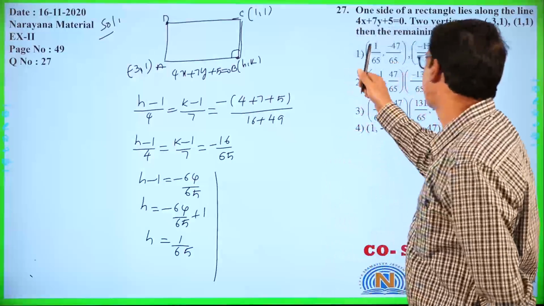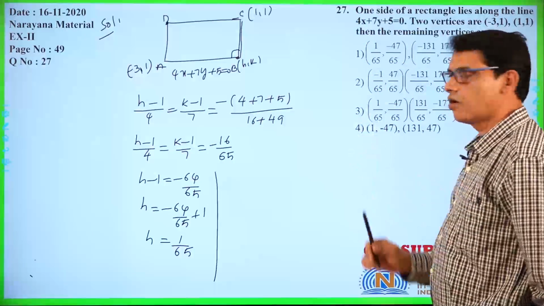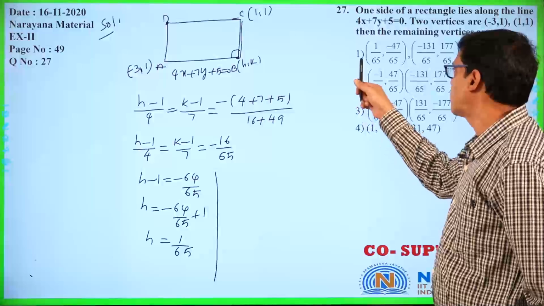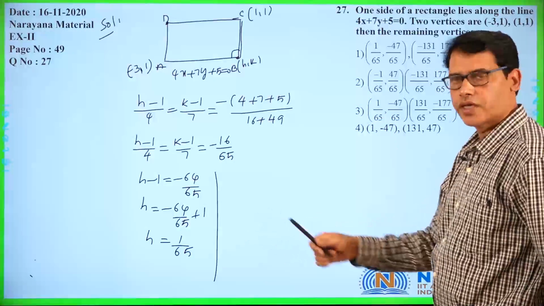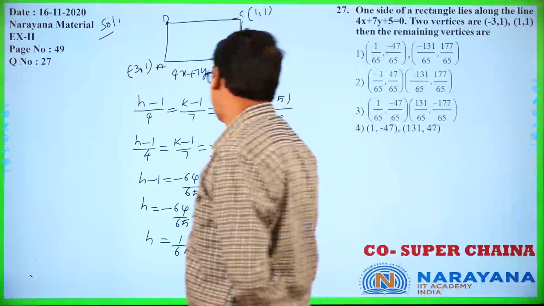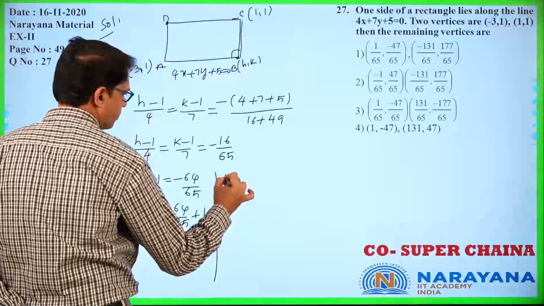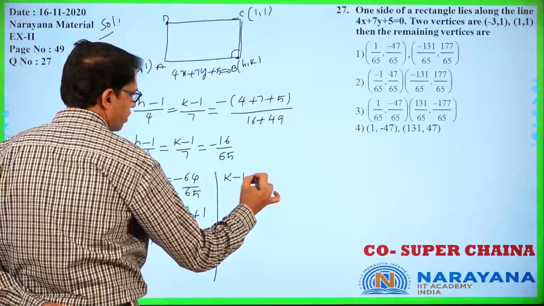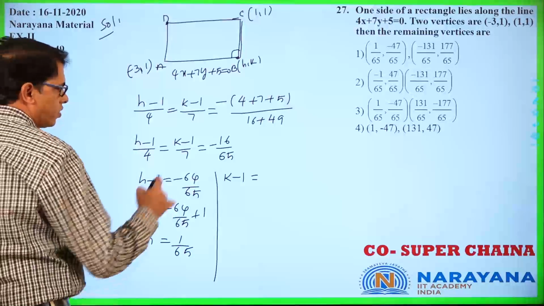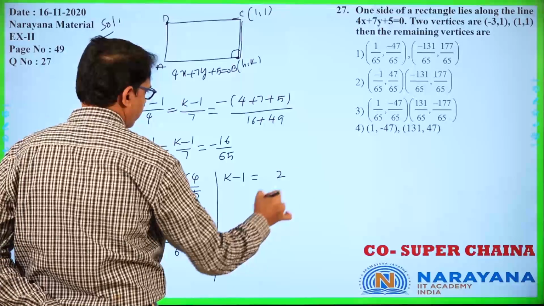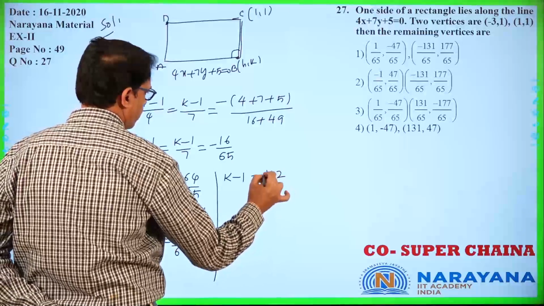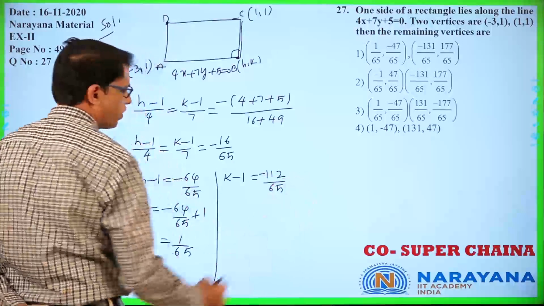Maybe first option, maybe third option, right? 1 by 65, 1 by 65 x coordinate. Then next equate second one, k minus 1 equal to how much? 112 upon 65.